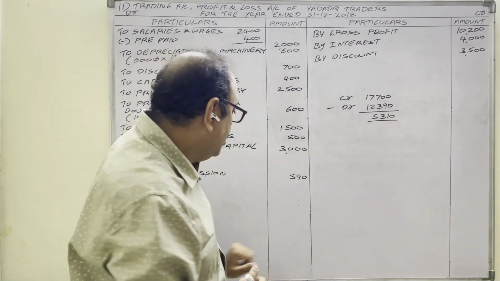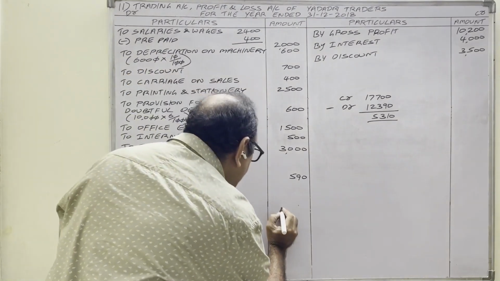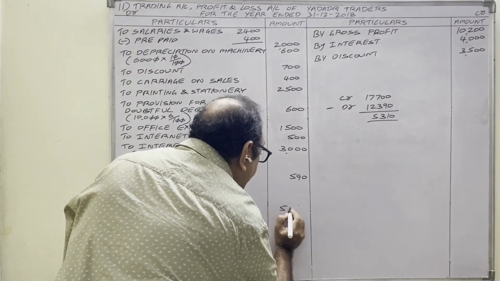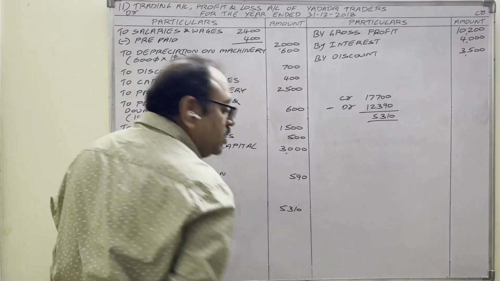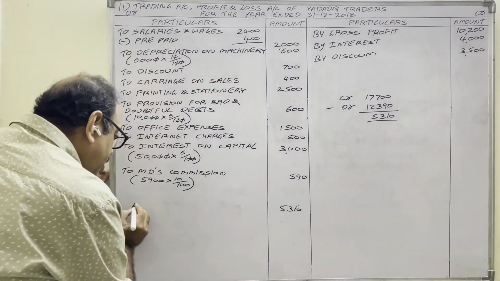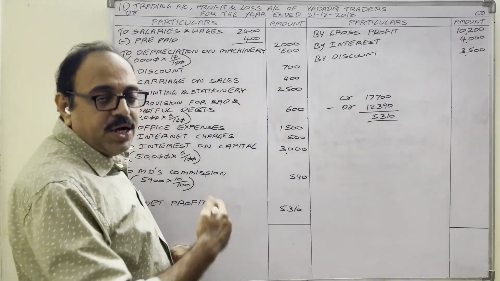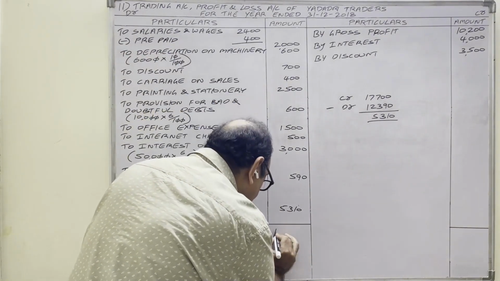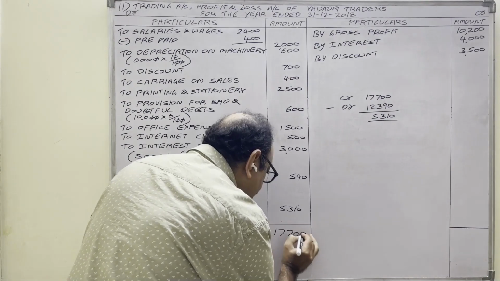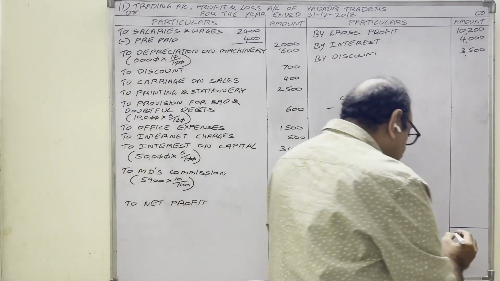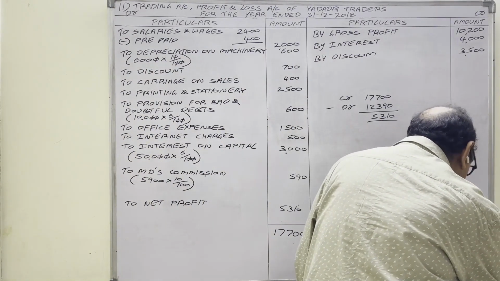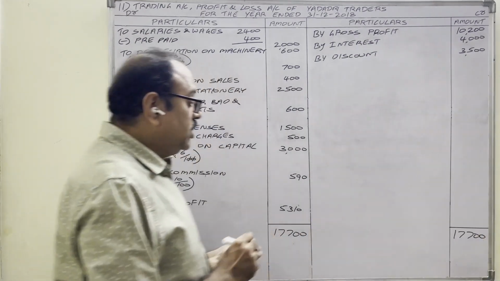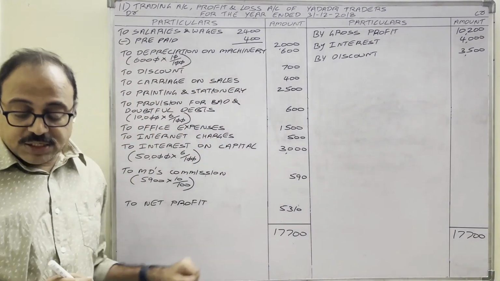This profit, since the debit side total is less now, on the debit side we should show 5,310 rupees. For this, you have to write to net profit. Finally, the two side totals. Credit total is 17,700. Debit side also the same 17,700. So this is the profit and loss account. Take a screenshot of this.